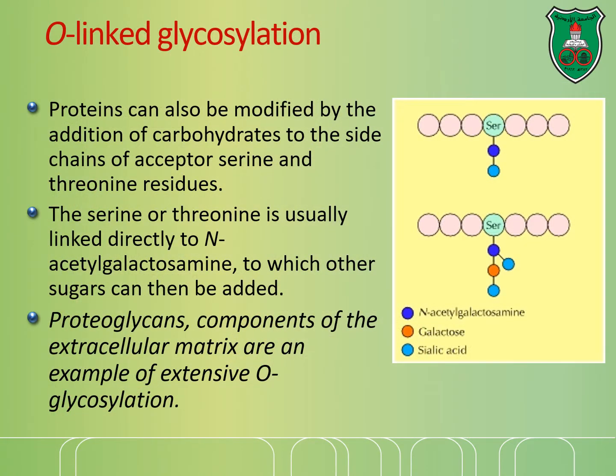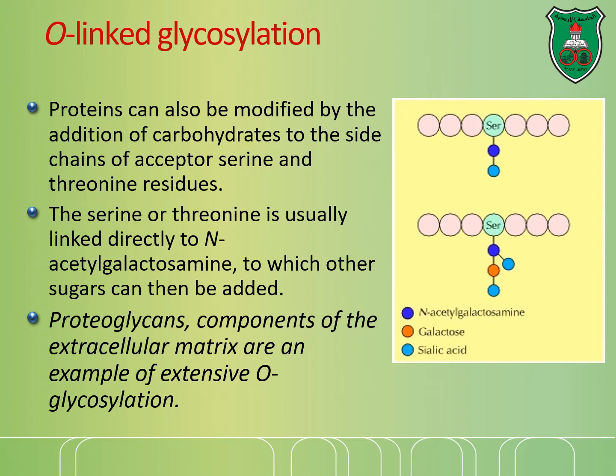Now, what also happens in the Golgi is O-linked glycosylation. So we said that there are 2 types of glycosylation processes that take place. One of them is N-linked glycosylation, which starts in the endoplasmic reticulum. That's where you have sugars added using the lipid carrier dolichol to asparagine.